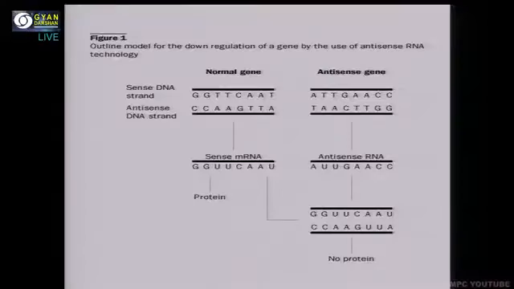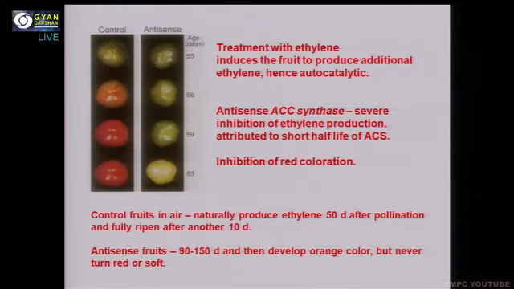So in that way, you can make the ACC synthase or ACC oxidase non-functional, and you can see the effect in this very diagram, that when people have generated antisense ACC synthase, there was a severe inhibition of ethylene synthesis and the fruits remain healthier for a longer time. Control fruits, if you place them, they undergo food spoilage and they ripen within a short time, whereas the antisense fruits ripen at a much longer time period.